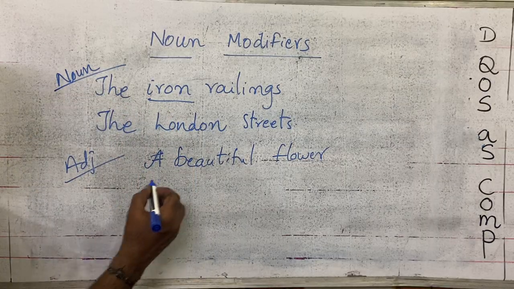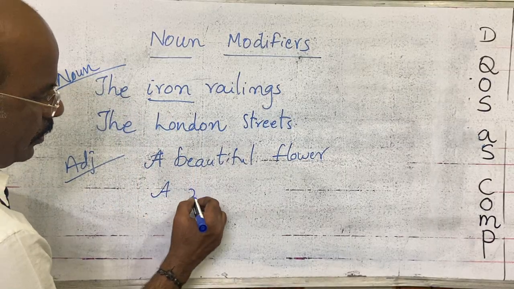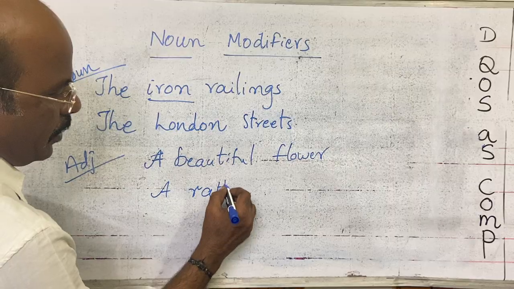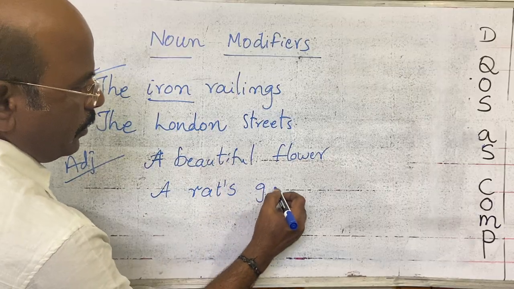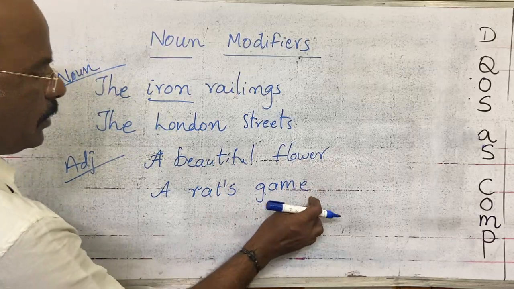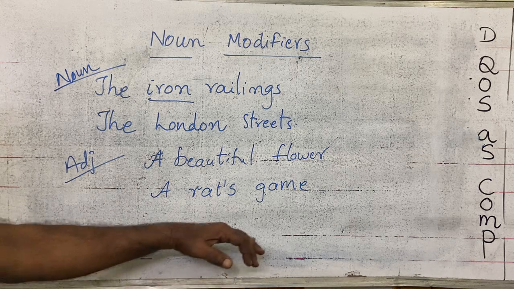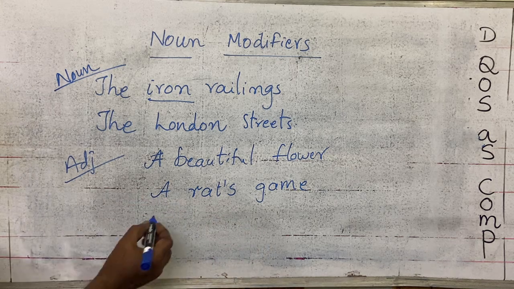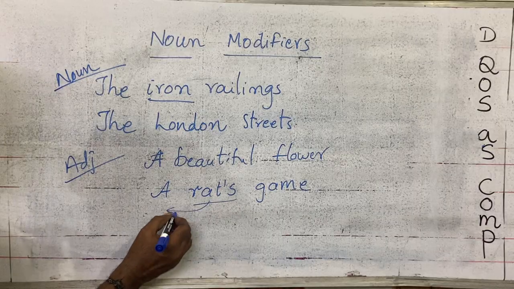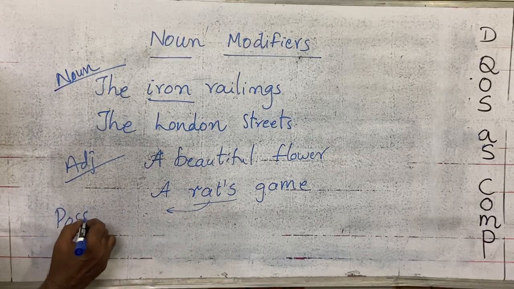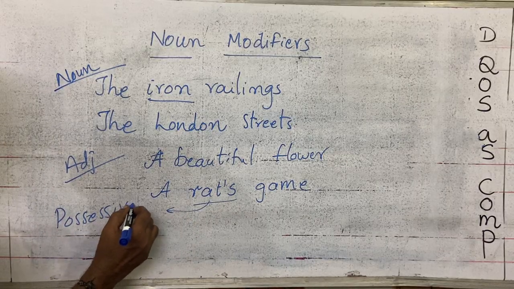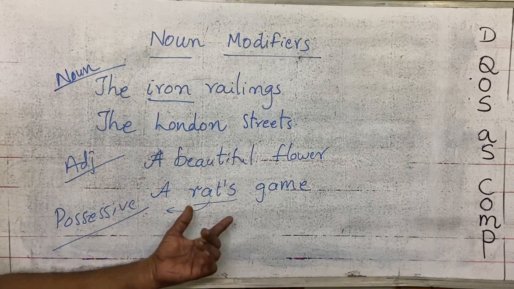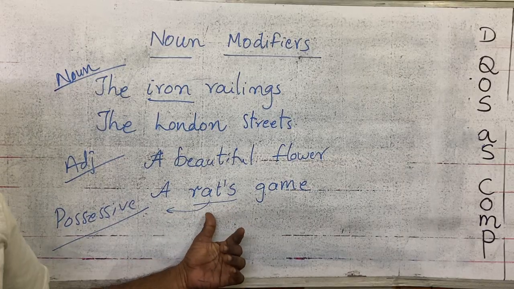Next, a rat's game. The game belongs to the rats. Here the rat's game appears as possessive. The meaning is coming, belonging to the rats.